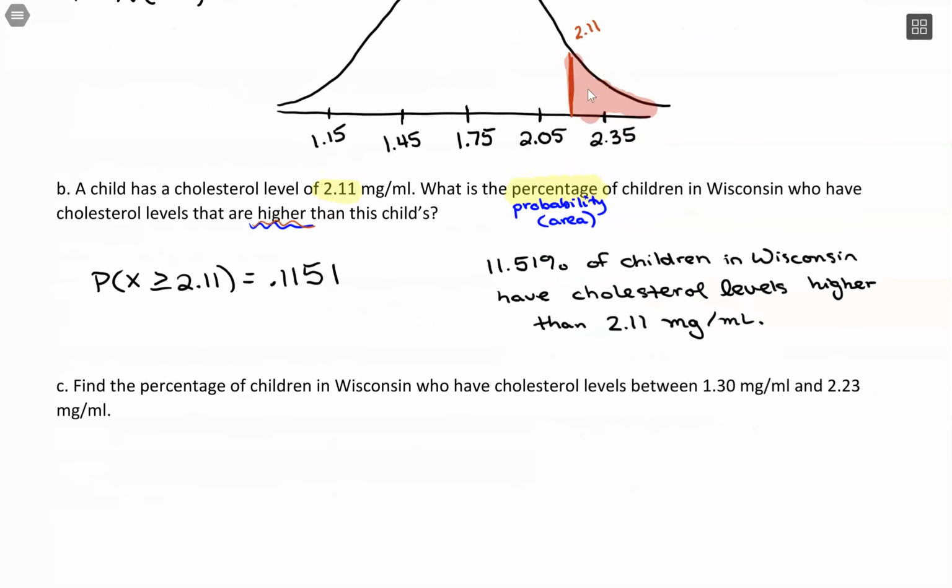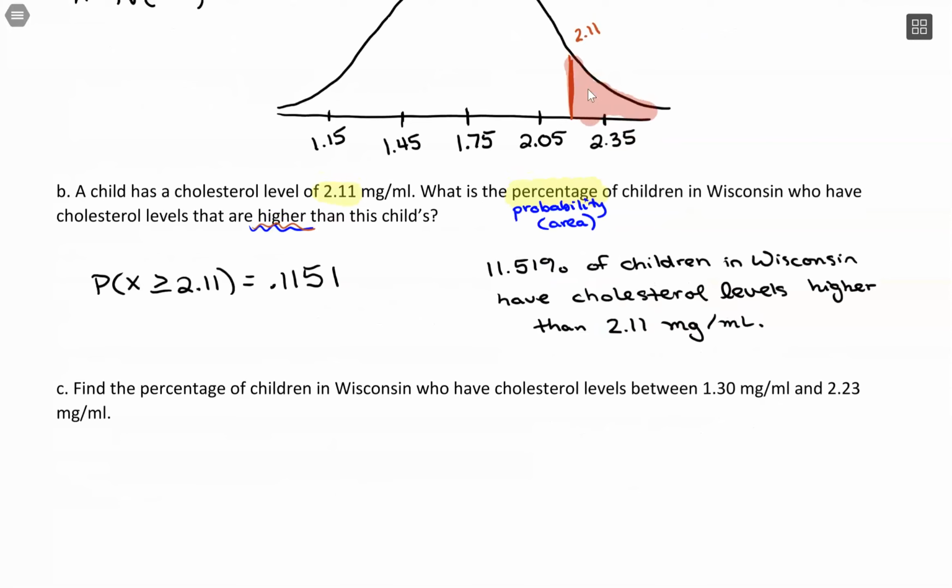All right, one more question here of find the percentage. So we want to find area under the curve of children in Wisconsin who have cholesterol levels between. So we're going to look between two values, and they're giving us a lower bound and upper bound.